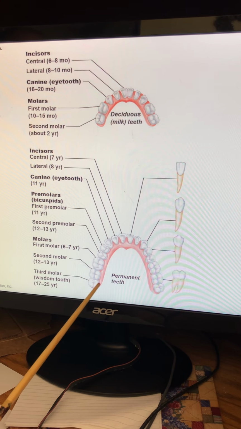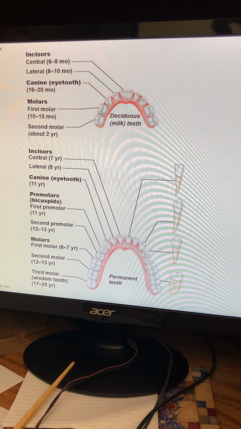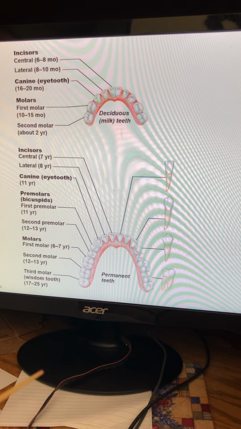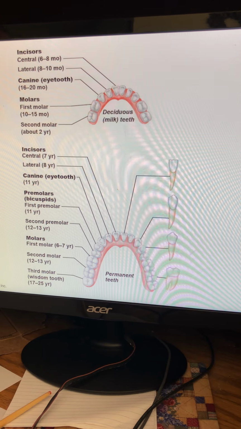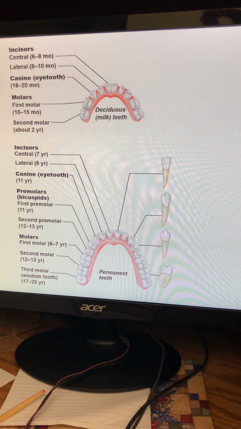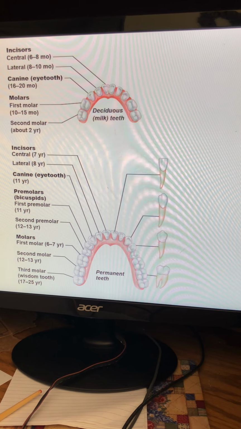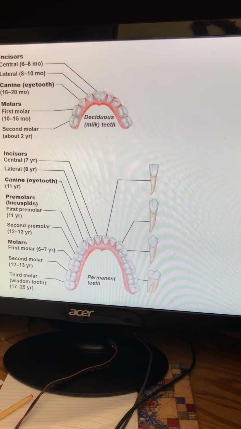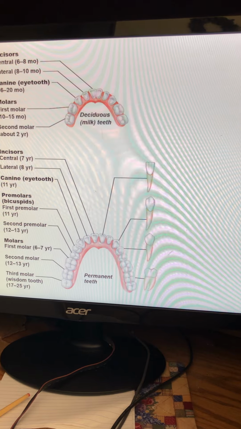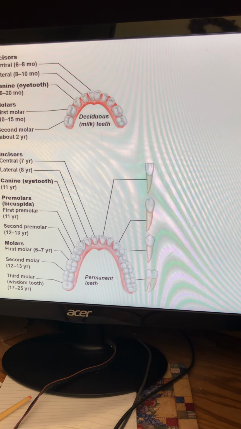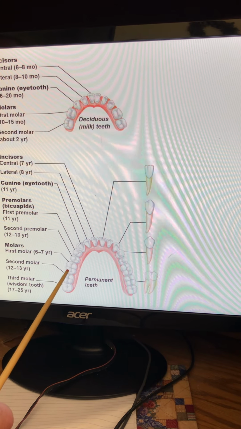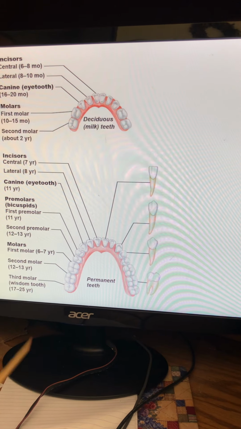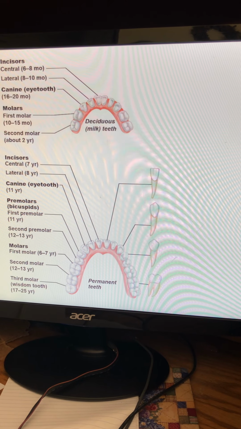And some of you may or may not even have your wisdom teeth. Most of the time, they will pull the wisdom teeth because it may interfere with the other eruptions of the other teeth. And you don't get them until 17th to about 25. So the adult teeth will push the baby teeth out of the way.